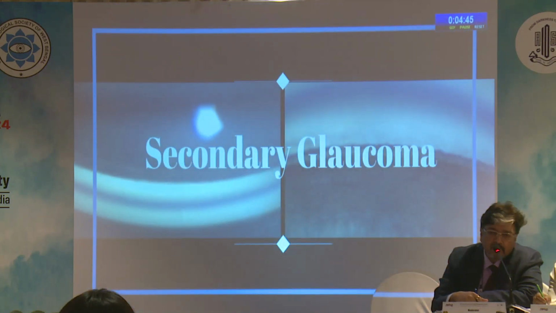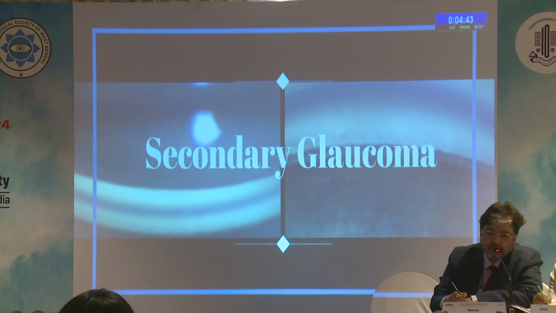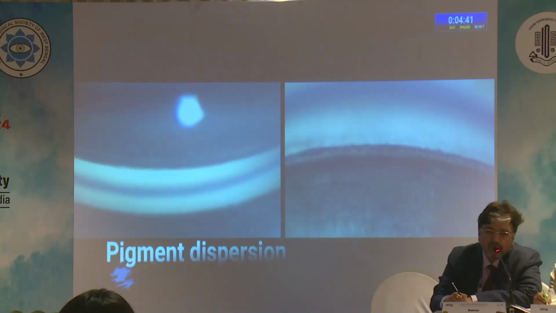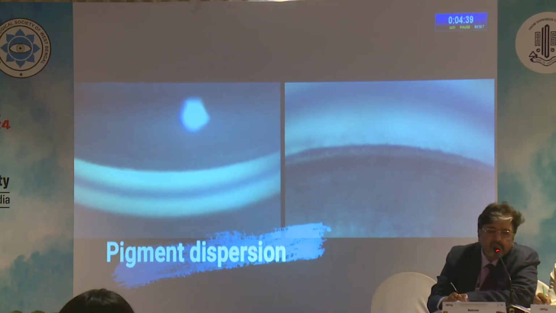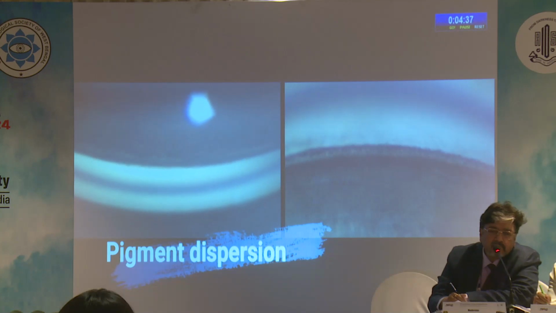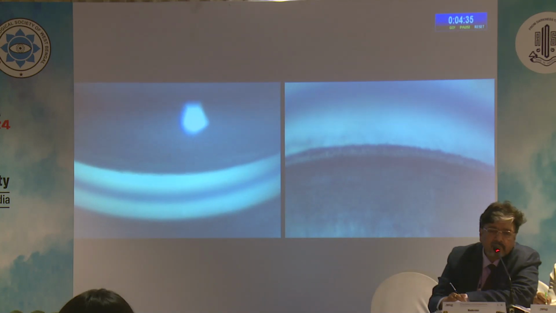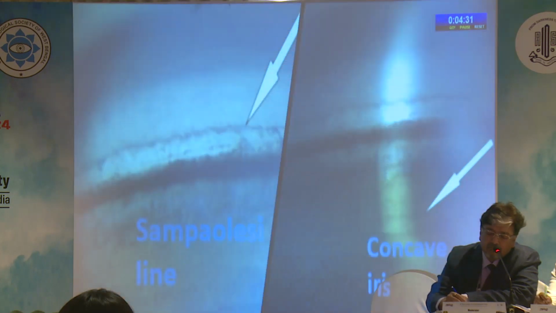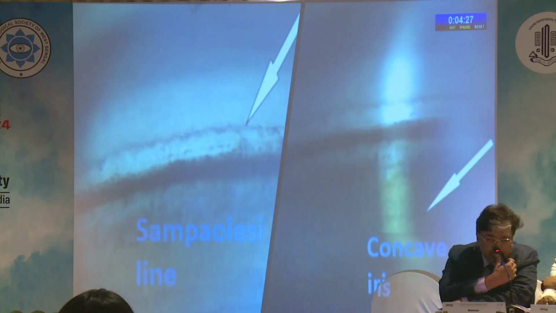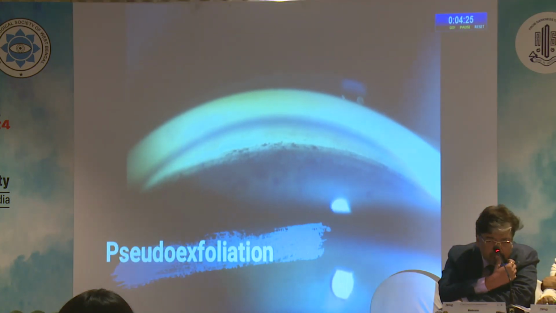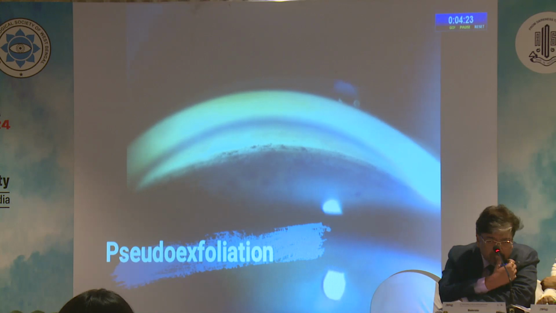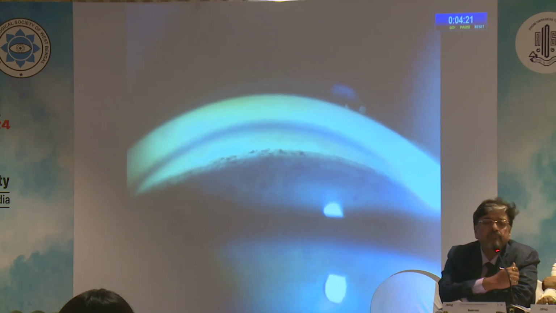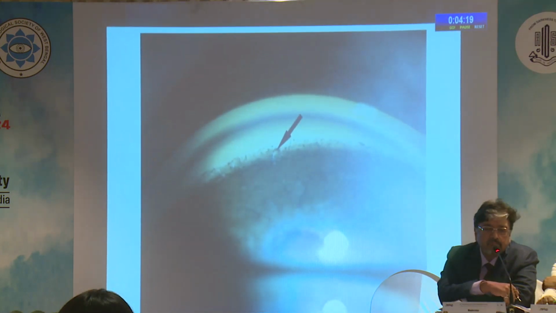Secondary glaucoma, where we see patients with pigment dispersion syndrome, where there is liberation of pigments from the iris, which get deposited anterior to the Schwalbe's line. Here we can see the Sampaolesi line and the concave iris appearance. Pseudoexfoliation syndrome, where we can see white powdery deposits at the angle.